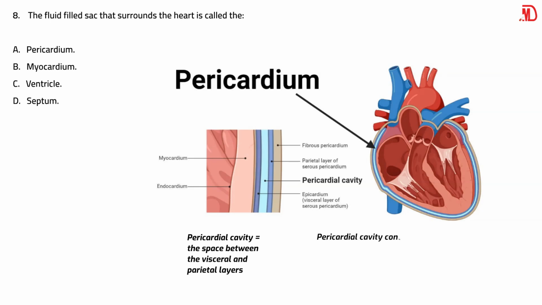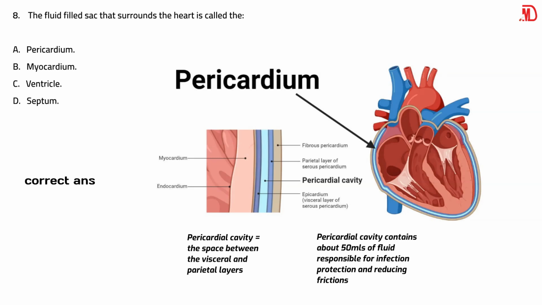And normally, about 50 ml of fluid can be present within the pericardial space. This protects the heart from infections and provides lubrication to reduce friction between the heart and surrounding tissues. Therefore, the correct answer is A. Pericardium.